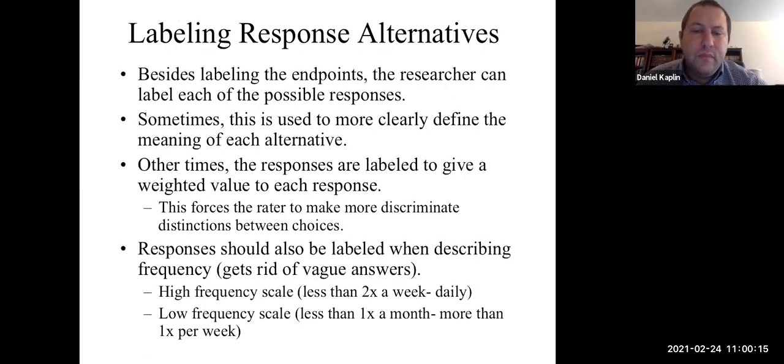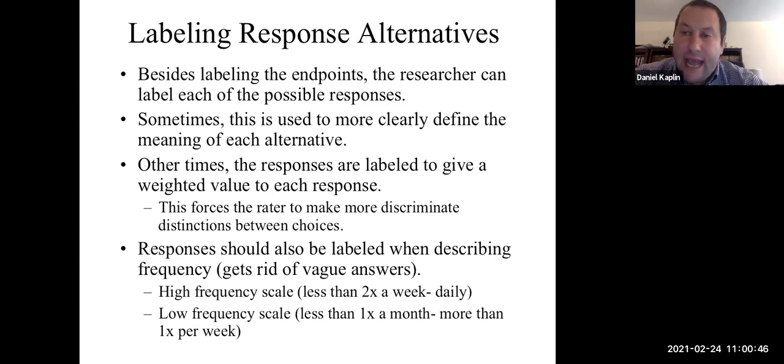Now, up to this point, I've talked to you about labeling the endpoints, but there might be a reason to label all of your response options. So if the options are not weighted equally, then you have to label each of the response options so that it allows a person to give a more accurate picture.